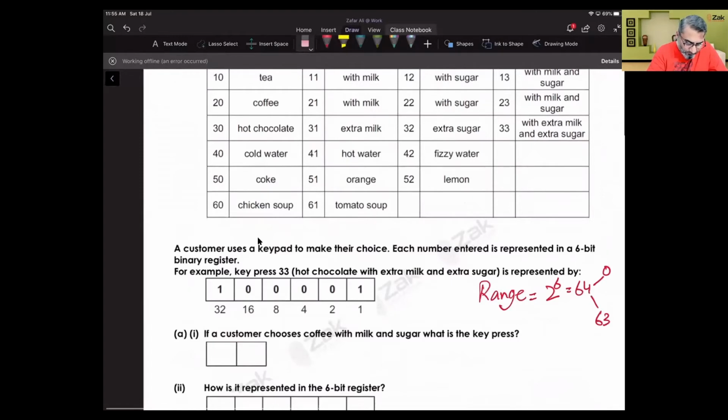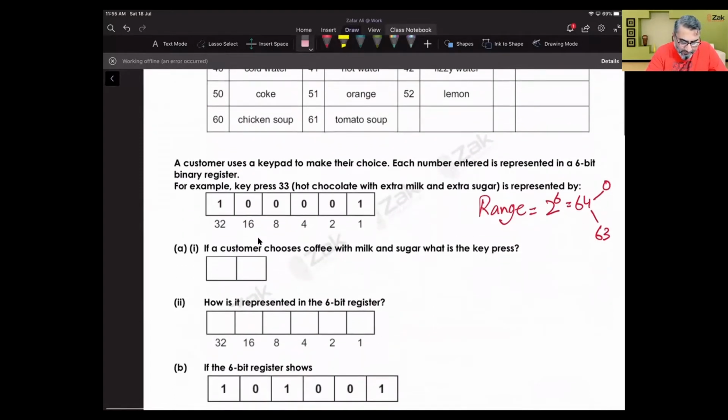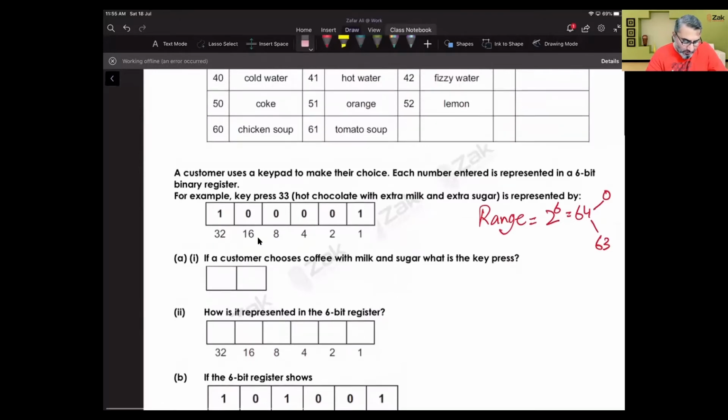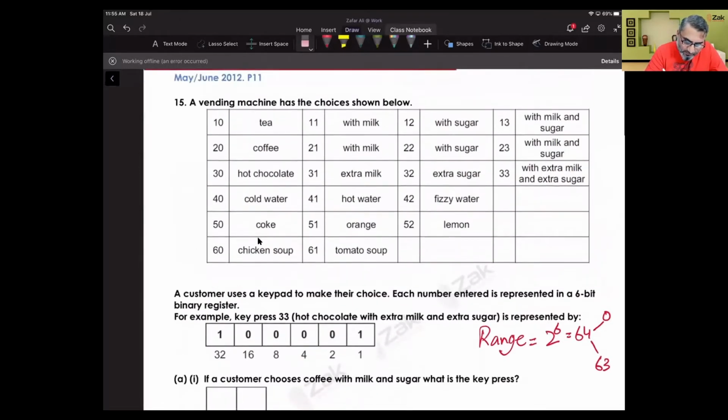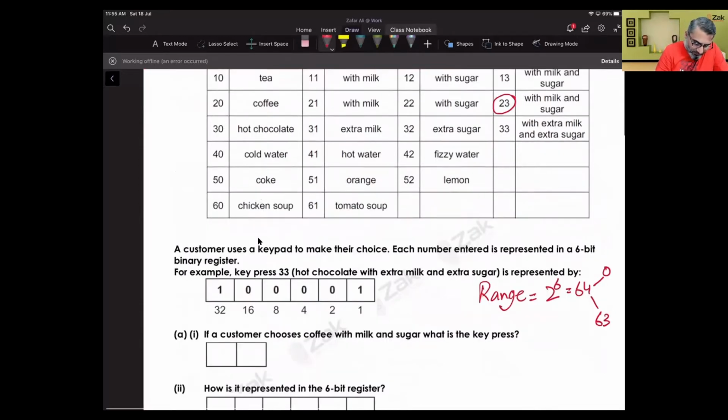Now, if a customer chooses coffee with milk and sugar, what is the key press? Coffee with milk and sugar is 23. So we will be saving 23 here.